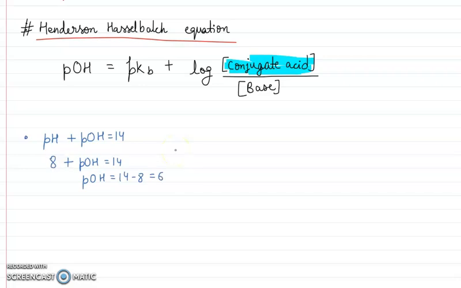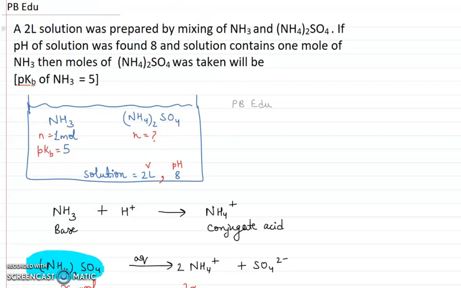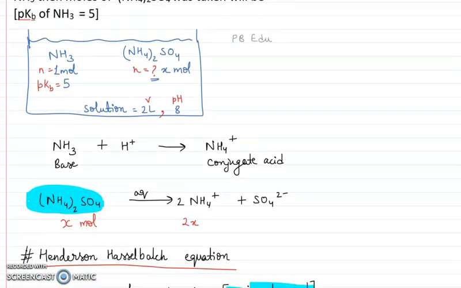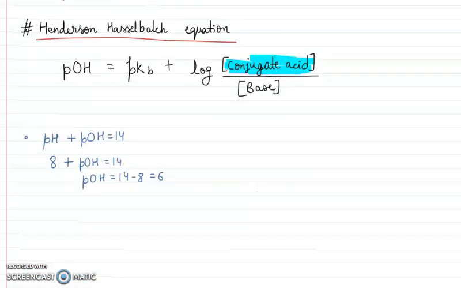Now, for concentrations, we are given the number of moles and the volume of the solution. The number of moles for ammonia is 1 mole, and for the salt, we let it be X moles. We have to calculate this. And for the solution, the volume is 2 liters. To calculate the molar concentration, the formula is number of moles divided by volume.